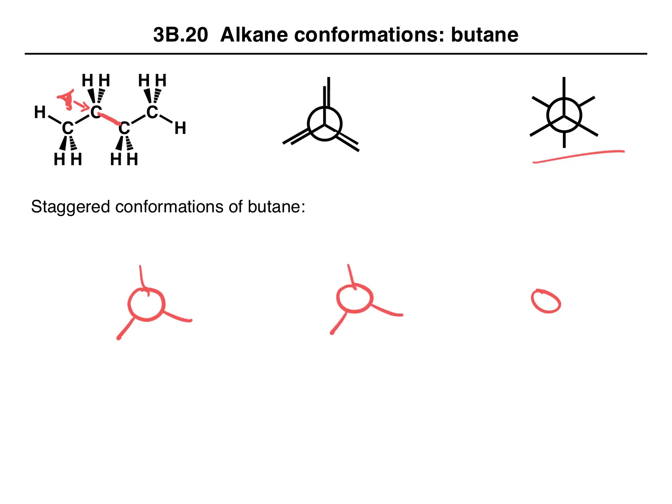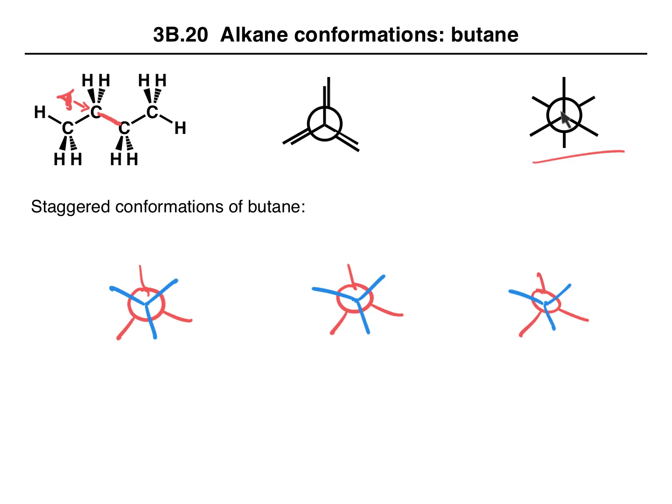Let's keep that the same. And then our front carbon, now let's put a bond down, up right, up left, bond down, up right, up left, bond down, up right, up left.